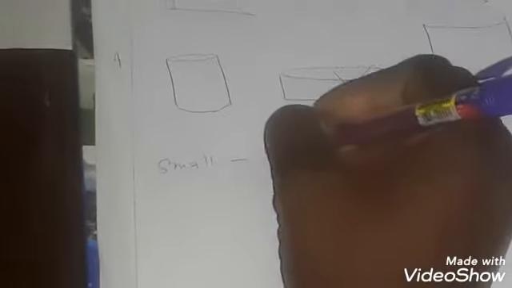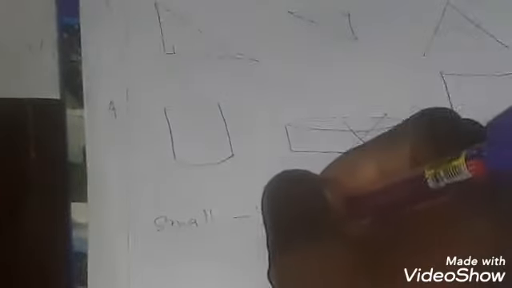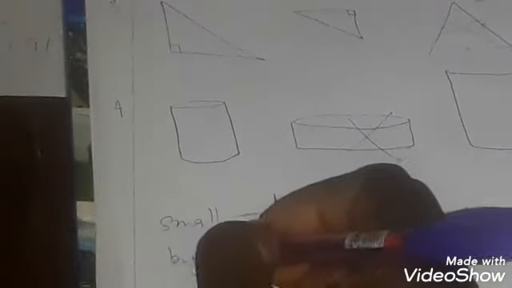So for the small shape, the ratio of the sides is such as this: length over breadth, and this gives you 3/2. For the big shape, you also have length over breadth. Shekemi, are you with me?